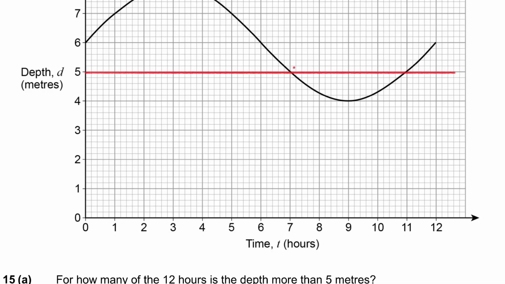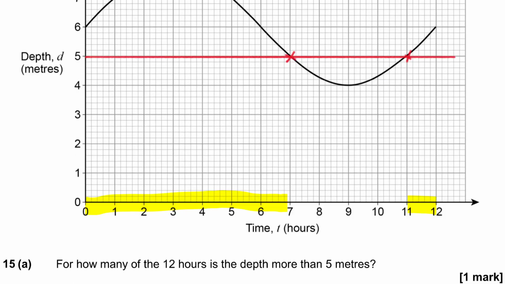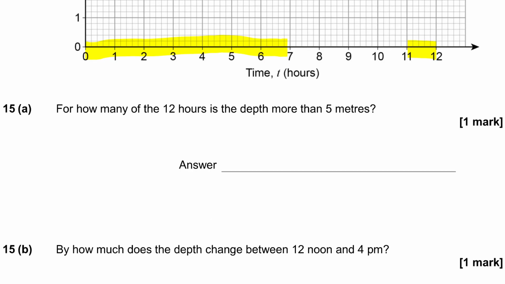So at this point here it dips below it, and at this point here it comes back up again. So it's going to be more than 5 between 0 and 7, and from 11 till 12. So that is going to be 7 plus 1 hours, isn't it? It's going to be for 8 hours.